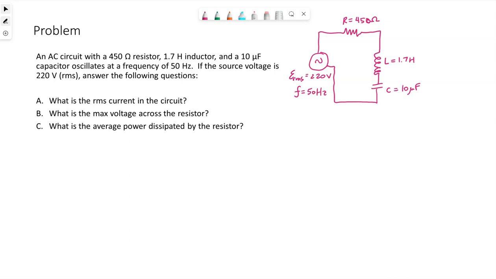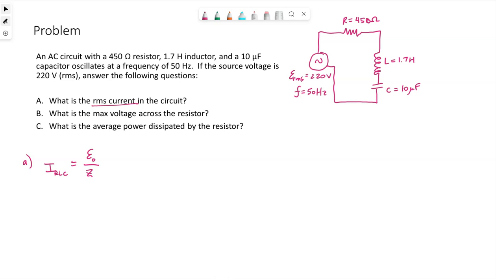So question A, we want the RMS current in the circuit. If I look at the test notes, for the RLC circuit, I see that I, the peak or maximum current in this RLC circuit, will be the peak voltage over Z. Now we're given RMS voltage and we want RMS current.